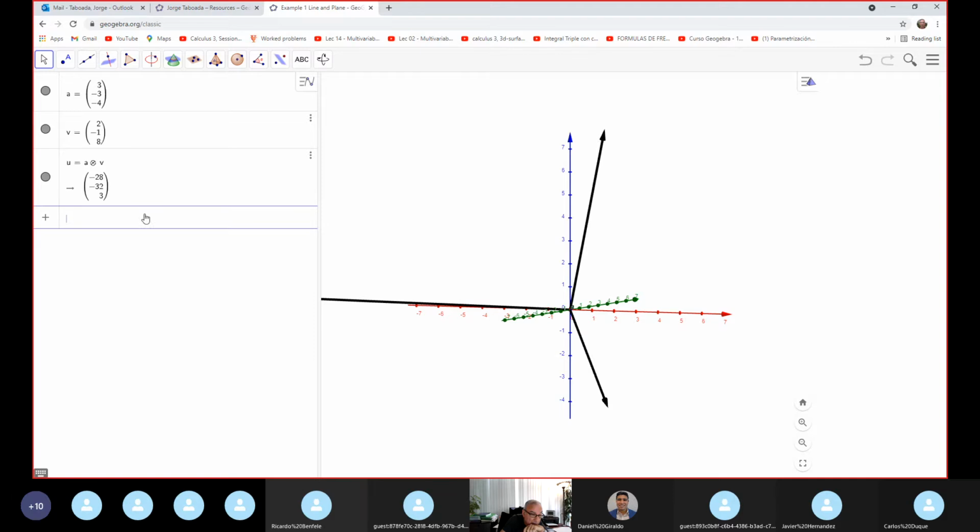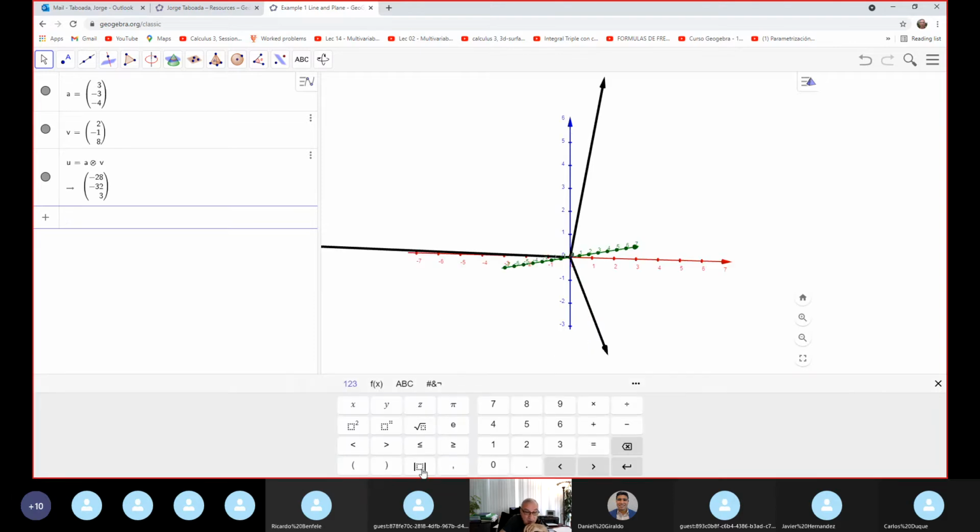Okay, good. Now you compute the magnitude of this vector. And magnitude looks like absolute value, no? Actually, I select here directly in the keyboard, absolute value of U. Okay, is 42 point something. And absolute value of B, que es the direction vector, no?